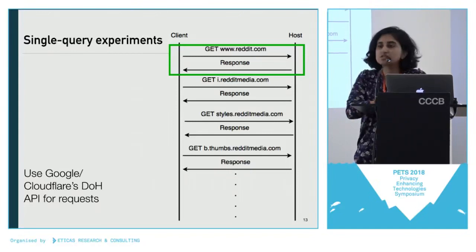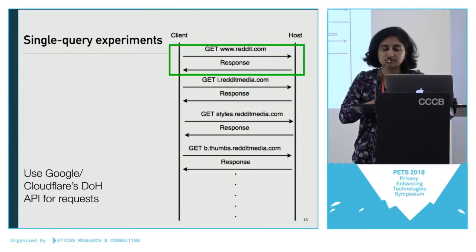So in order to do the single query experiments, we use Google's and Cloudflare's DNS over HTTPS API. They have an API where you can send the query and then you get back the response. So we collect the network traces associated with performing this particular API call.